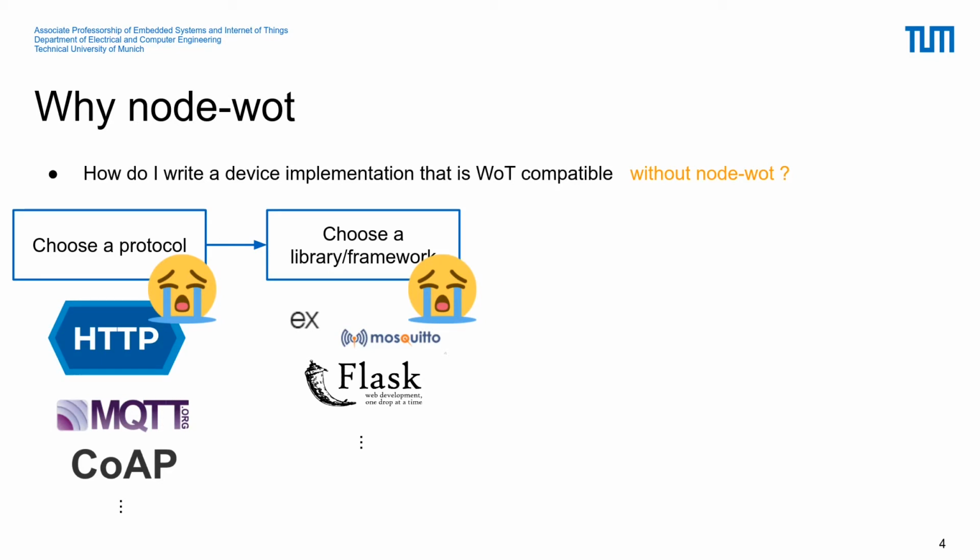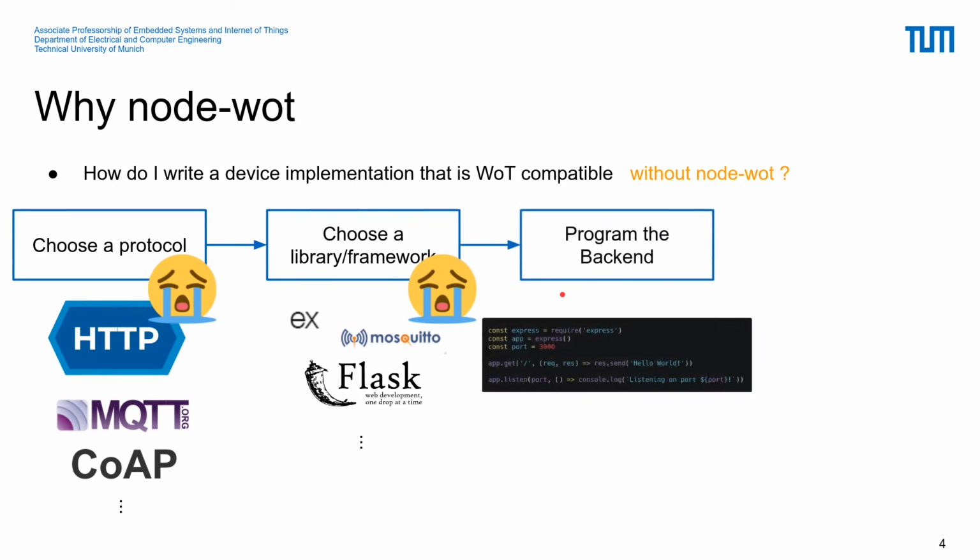Once you finally choose both of them, then you can program the backend. This is what you wanted since the beginning. You want to program what happens once I get a GET request. So then maybe I should go read the temperature value and then return this value. And this will, of course, depend on the library and the protocol you've chosen and your programming language.